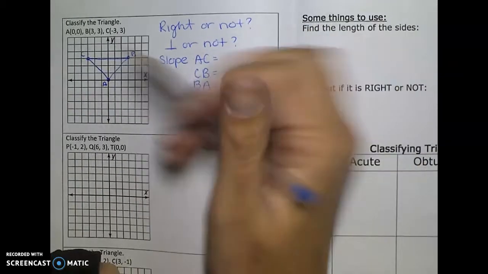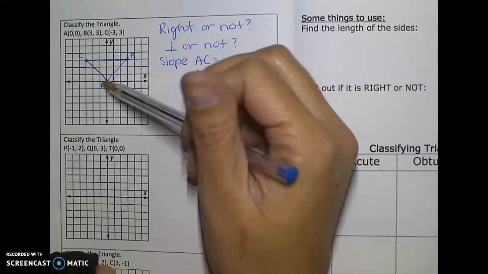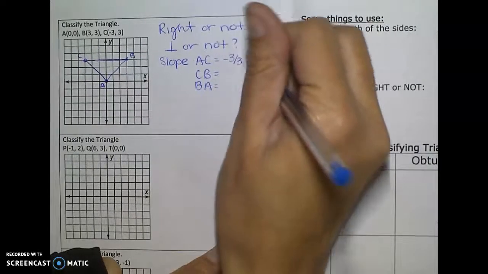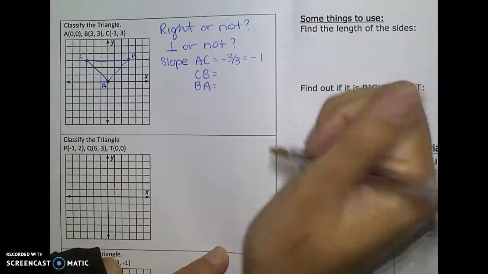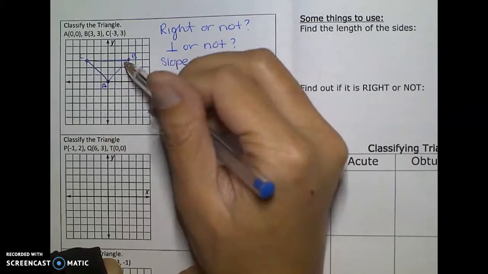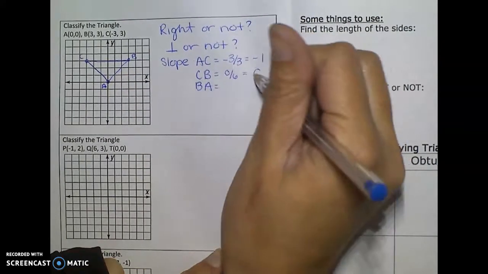So the slope of AC, I'm just going to count. It's down 3 over 3, so negative 3 over 3, which is negative 1. The slope of CB is I'm rising 0 and I'm running 6, and 0 over 6 is just 0.